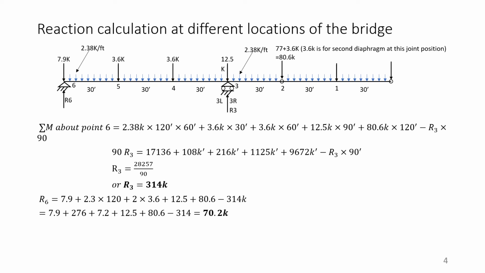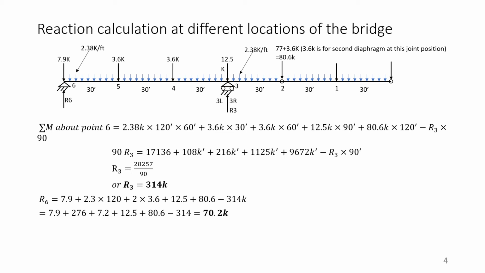Therefore, R3 is equal to the arithmetic calculation shown here. You can check it and you can understand this. These are all simple arithmetic calculations, and after the arithmetic calculation we have got R3 equal to 314 kip, and R6, just by adding and deducting the total loads and the reactions, we get the reaction at 6 equal to 70.2.